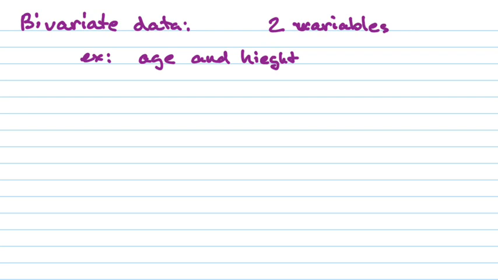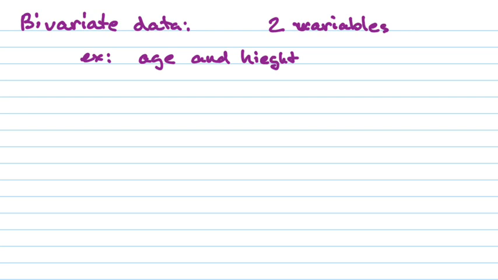Now, the point behind it is that if I ask you your specific age and your specific height, that's two variables, but it's the same one person. That's your data.